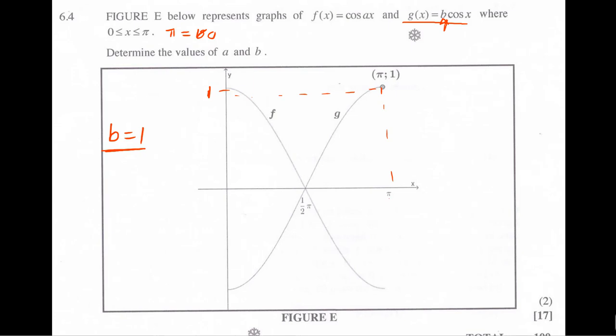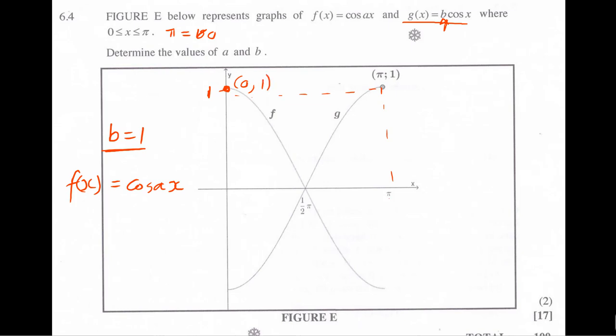So then the next one is find a. If we have to find a, we are given f of x is equal to cos ax. One thing you can simply do, because you're dealing with f of x, there is a point here, and that point, as you already see, when x is 0, y is 1.